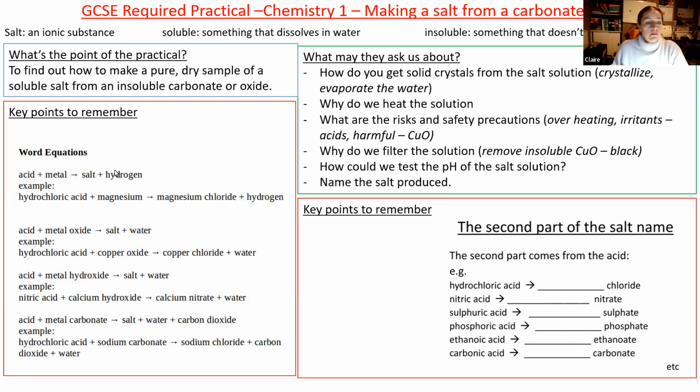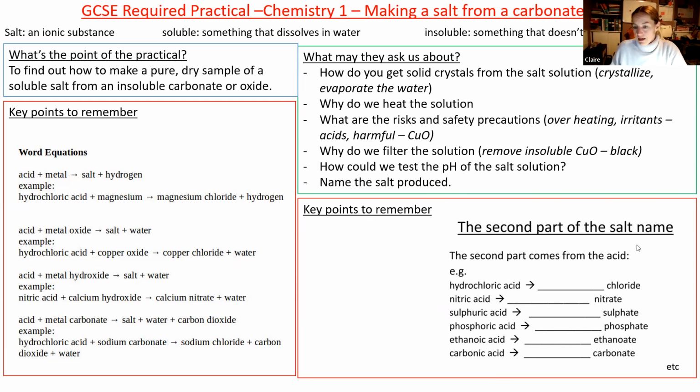But there's either hydrogen if it's just a metal, or water because you've got H2O. If you've got metal oxide, that's got oxygen, so it makes water. Metal hydroxide, you've got OH on there, water again. And a carbonate's got another carbon in it, so you actually produce water and carbon dioxide. Okay, and there's some examples there.